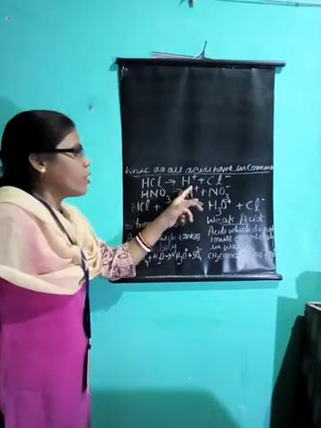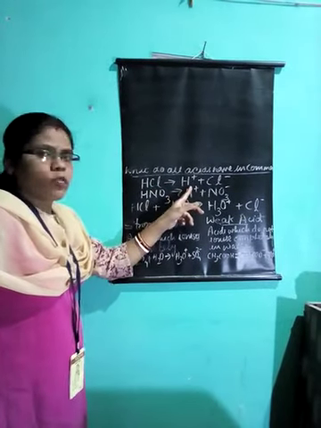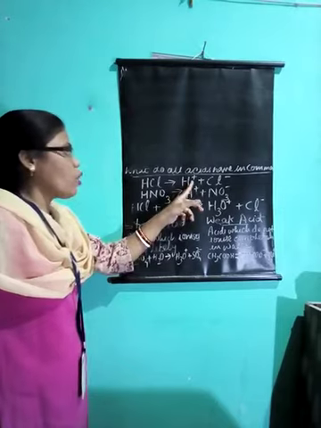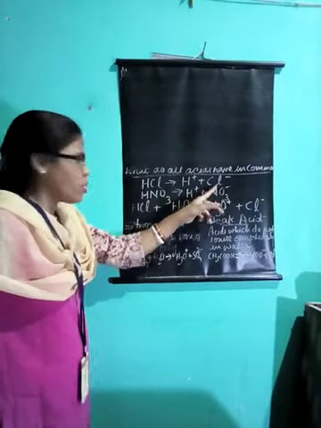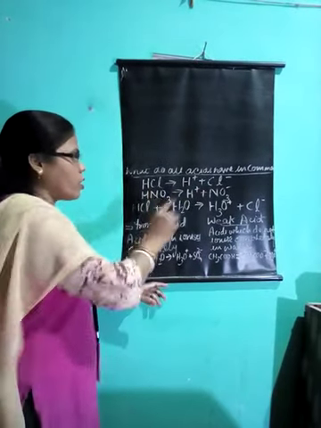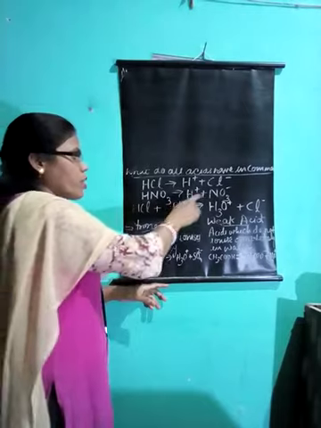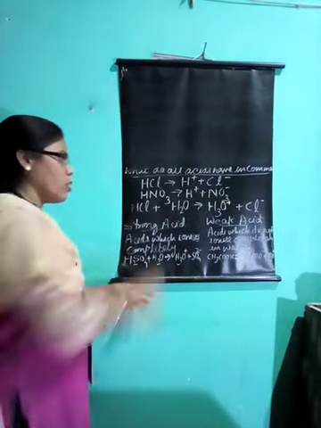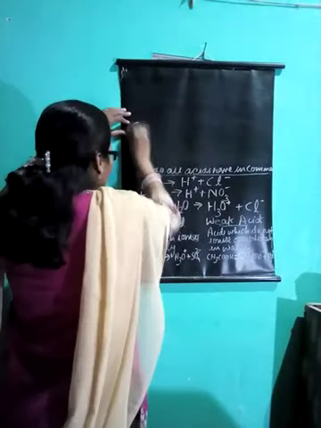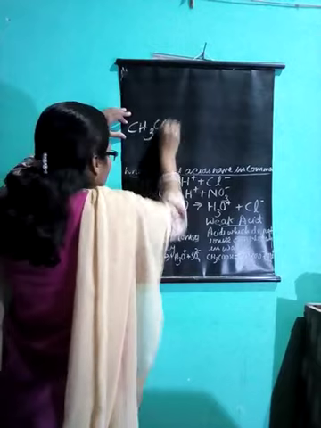HCl, you can see what happens when it dissociates. H plus is formed plus Cl minus. HNO3 has H plus, NO3 minus. Now another we can take CH3COOH.